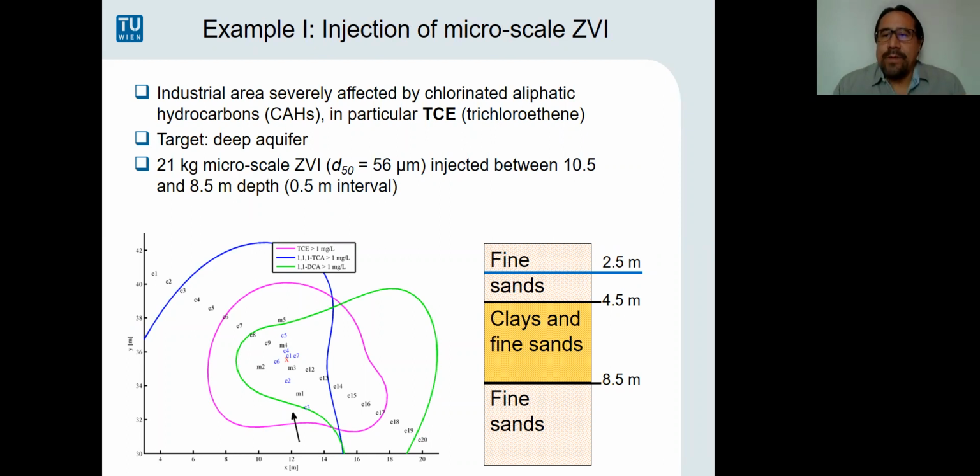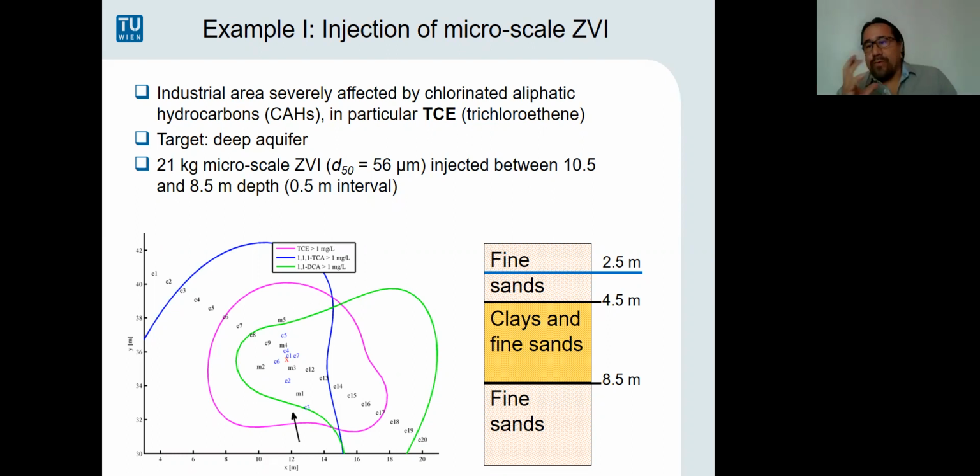The first example is our measurements collected in Belgium in an area where we have high concentrations of TCE, trichloroethene. In the area we have two aquifers: a shallow aquifer, with a maximum depth of 4.5 meters, then an aquiclude, an area with low hydraulic conductivity between 4.5 and 8.5 meters, and a deeper aquifer.